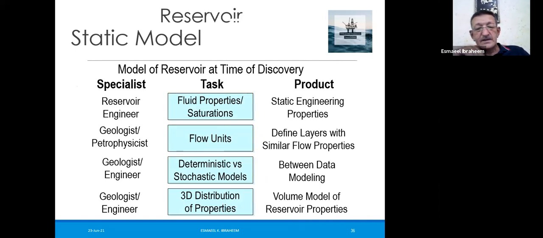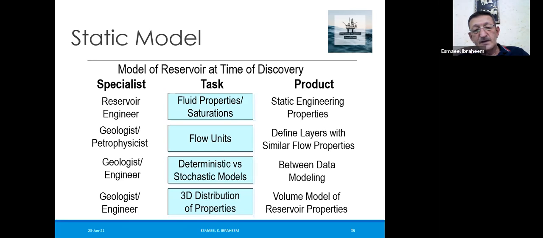Of course, the simulation study overall consists of two parts. You have a static model and a dynamic model. What is the static model? It is the model of the reservoir at the time of discovery. There are several tasks that should be done in order to construct the static model, and these tasks should be done by certain specialists.